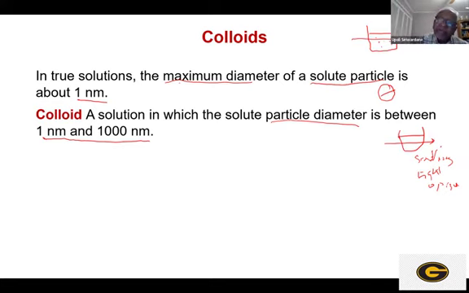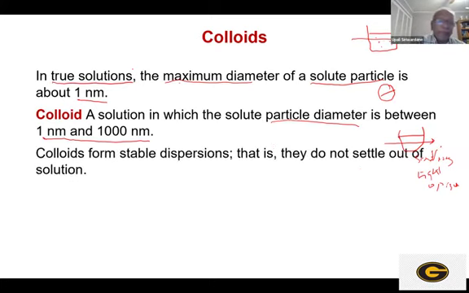The colloid is similar to a normal solution, a true solution. Normal solutions are called true solutions. But the only difference is the light doesn't pass through the colloid solution. Colloid particles are a stable dispersion.